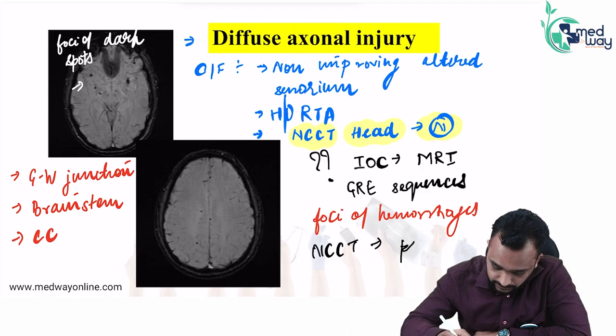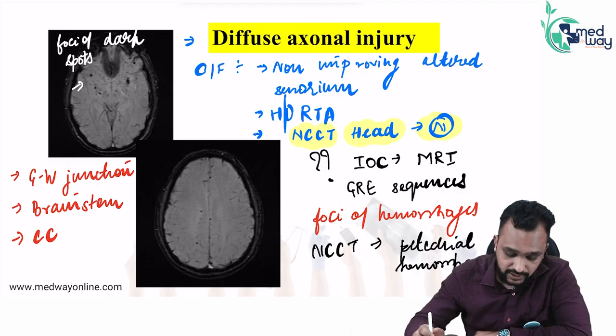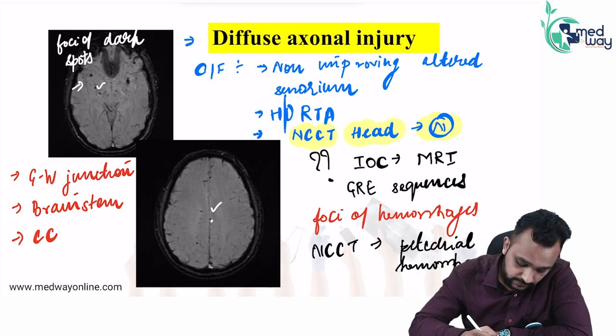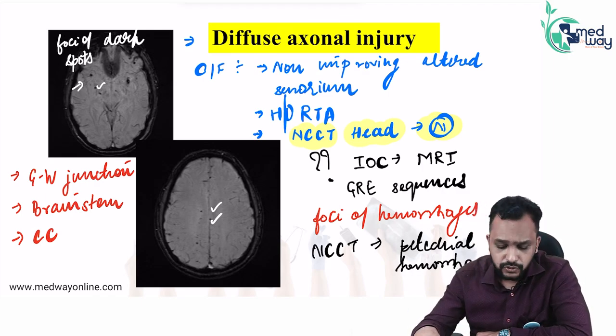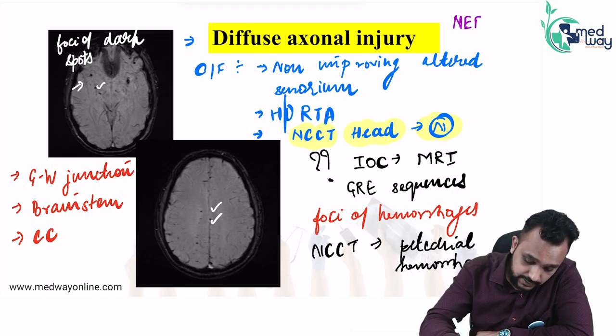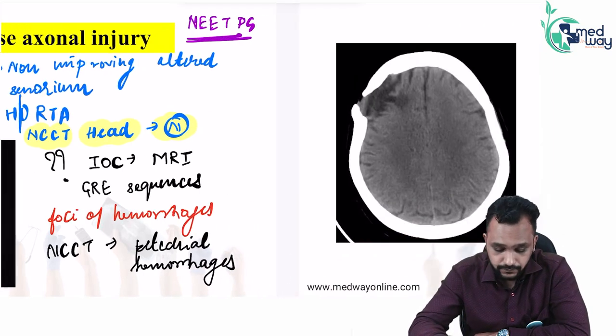Most of the times the NCCT head is normal, and on SWI images you will see foci of blooming, right. This question was again asked in your NEET-PG exam, right. So that is why it is important also.